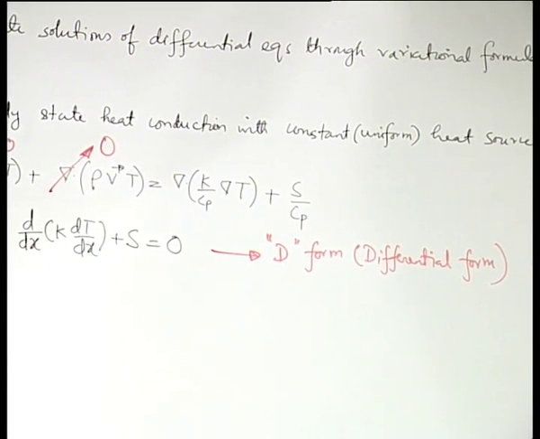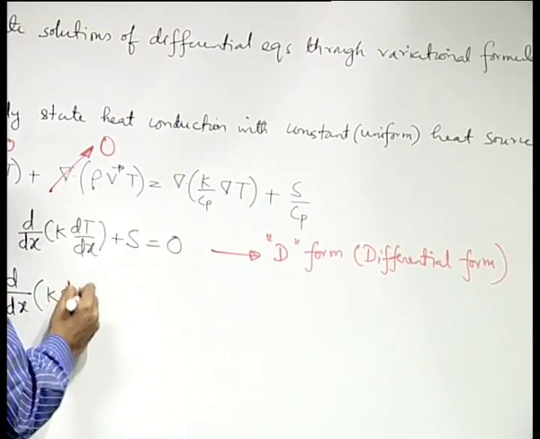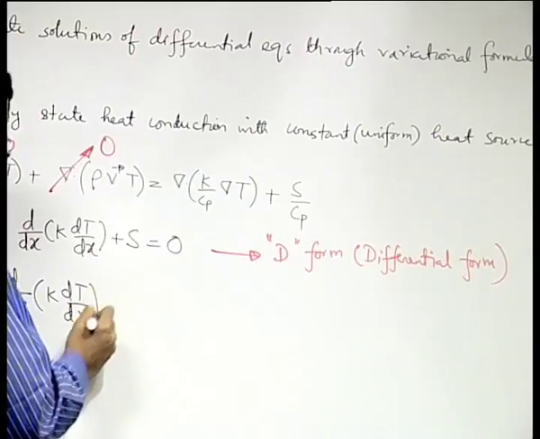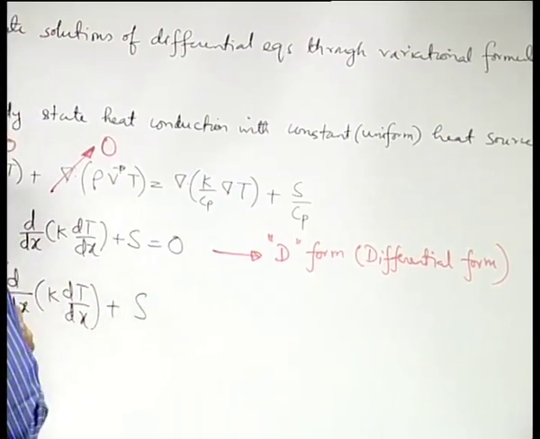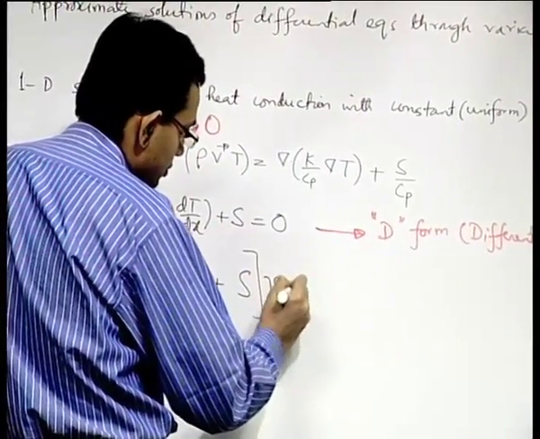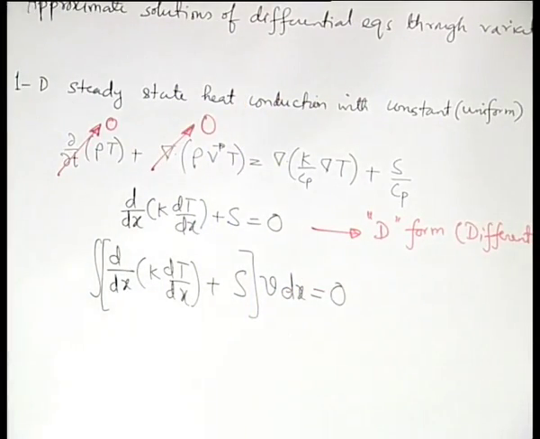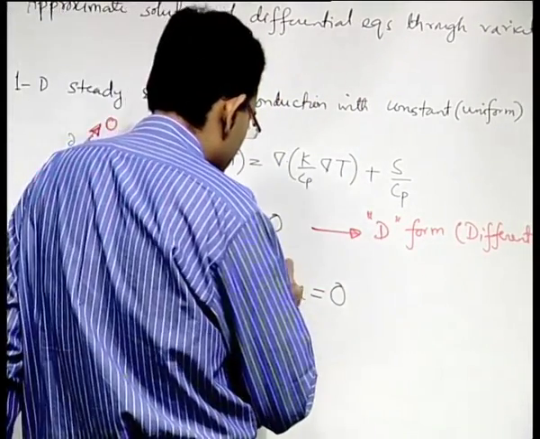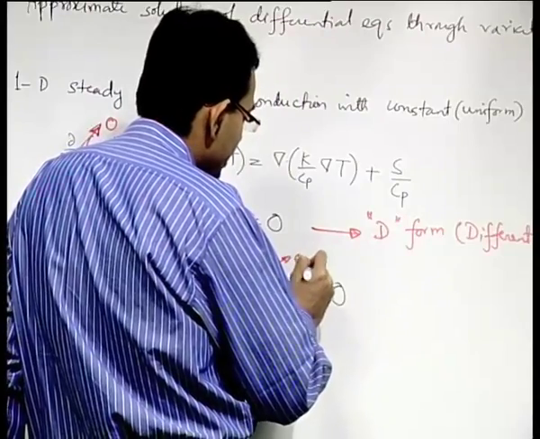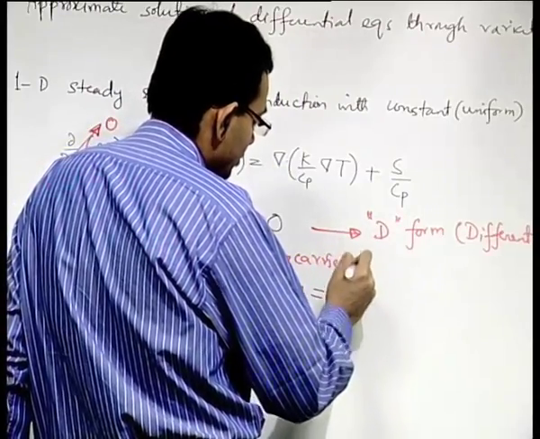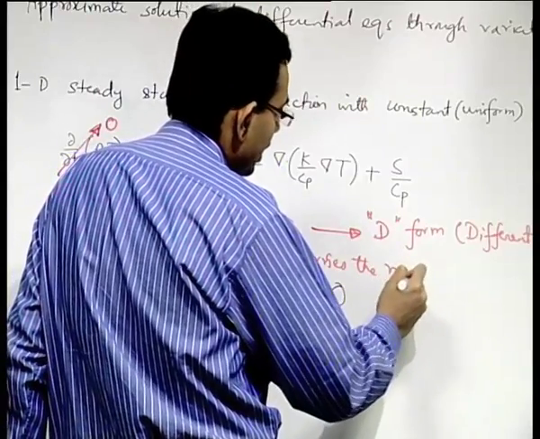To make a variational form of the problem, we will multiply this with a variational parameter V and integrate over the domain, where this V carries the meaning of delta y, or here y is T.